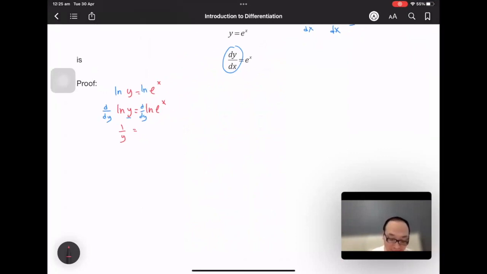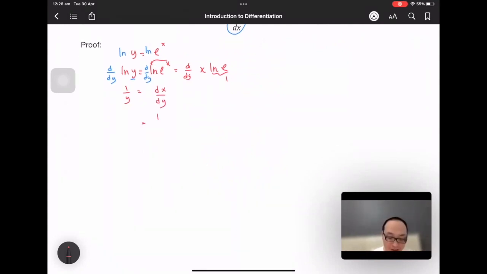And this equals the derivative of, we can change this form into d/dy of x ln e. We can put the x outside from the power, and ln e equals 1. So it's dx over dy.